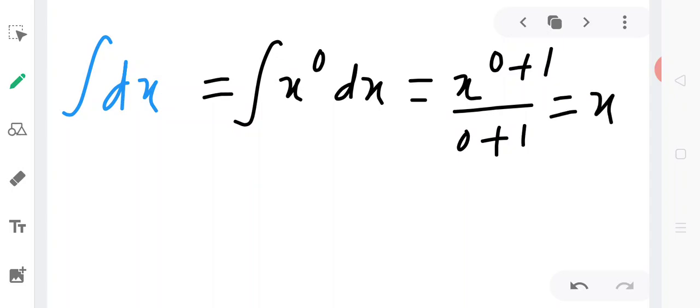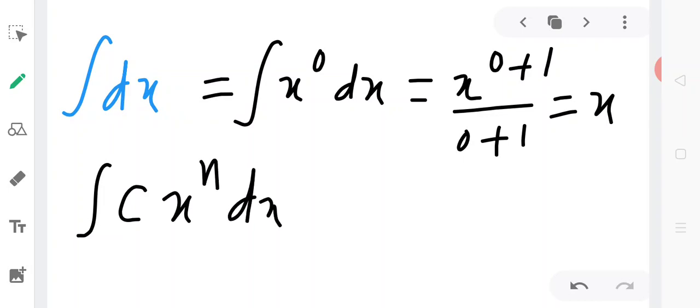So integral dx is equal to x. Similarly, if we are having integral c x to the power n dx, where c is a constant, then obviously the constant can be taken out of the integral, and straight away we can write down the result as this.